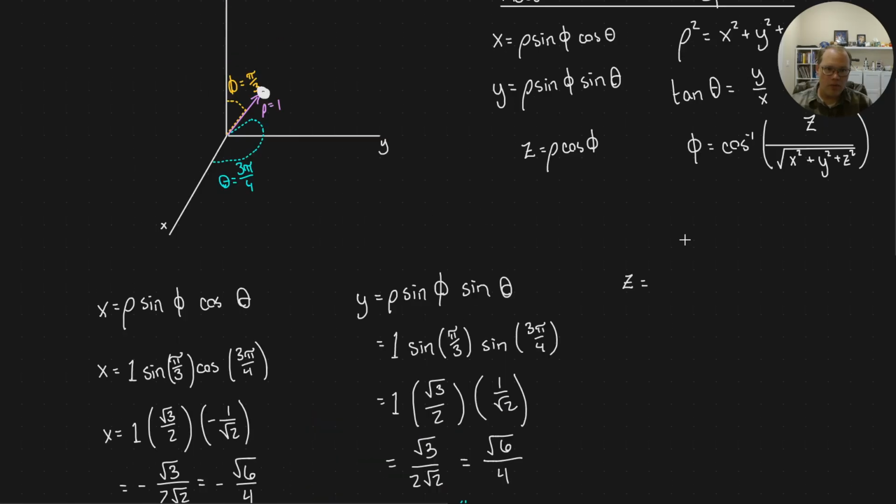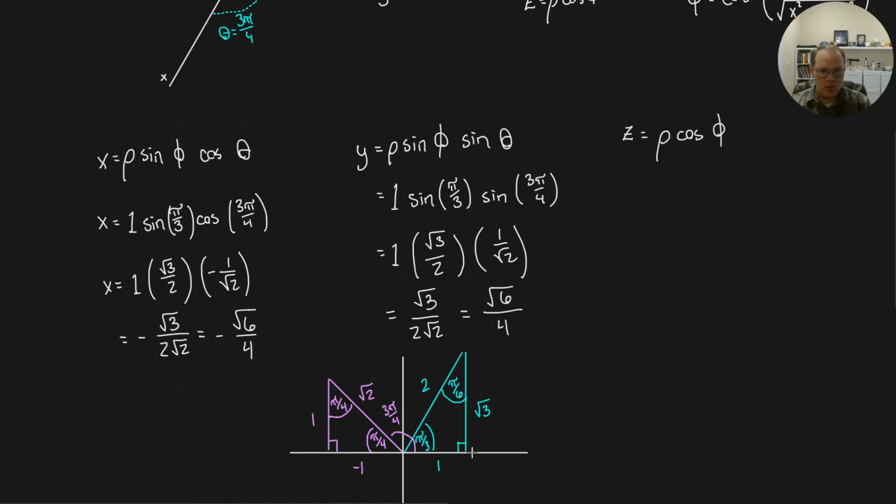So looking at our formulas, z is rho cosine phi. So let's plug that in. Rho is 1, and phi, just as we plugged in here and here, it's still pi over 3. And so we're still going to be using that same triangle. Okay, this triangle right here, pi over 3. Cosine of pi over 3 is going to be adjacent over hypotenuse.